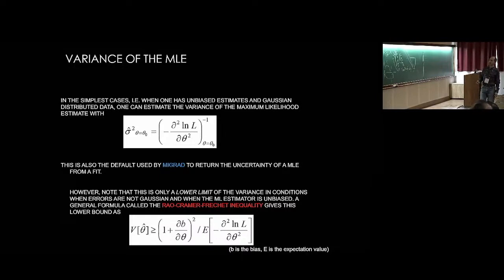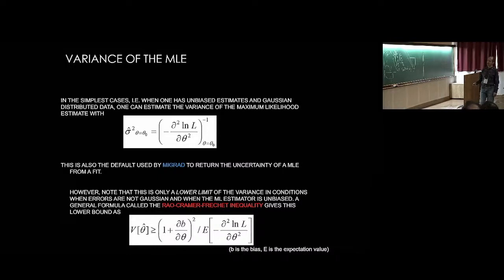This is enshrined in the Rao-Cramér-Fréchet inequality, which tells you that the variance of your estimates is 1 plus something, but let's leave this alone for a second, over the expectation value of the negative of the second derivative of the log likelihood with respect to theta squared.